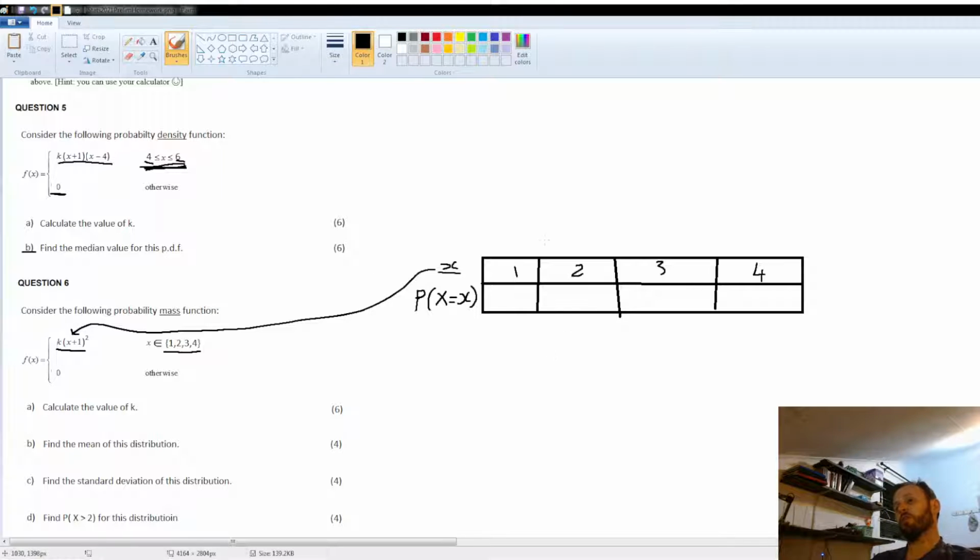So you just work it out. When you put in 1 here, what do you get? I think we did all of these already. You get 2 squared, which is 4, times k, of course. Don't forget the k. But we already know what k is. We worked out previously that k was equal to 1 over 54.